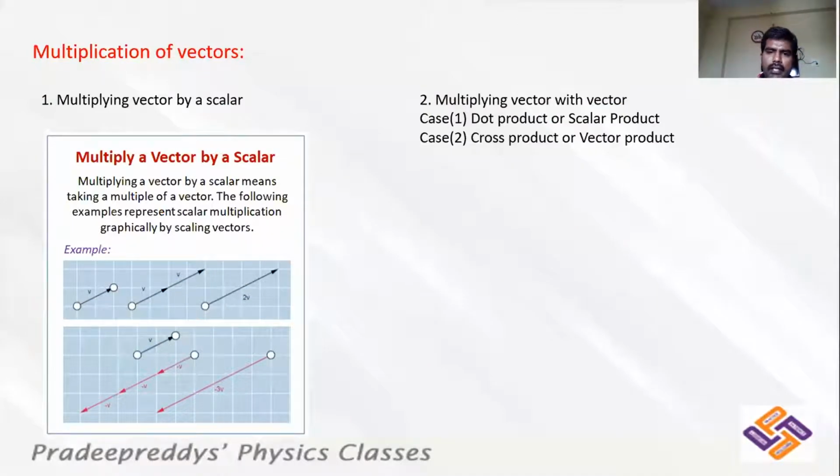Coming to the second category, it is multiplication of a vector with a vector quantity. You are taking a vector and you are multiplying with another vector.